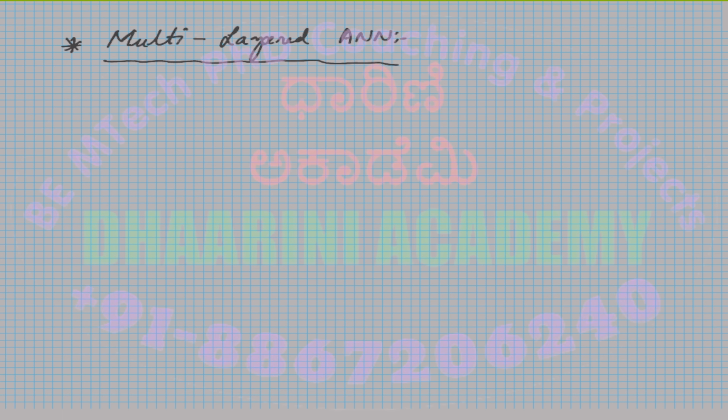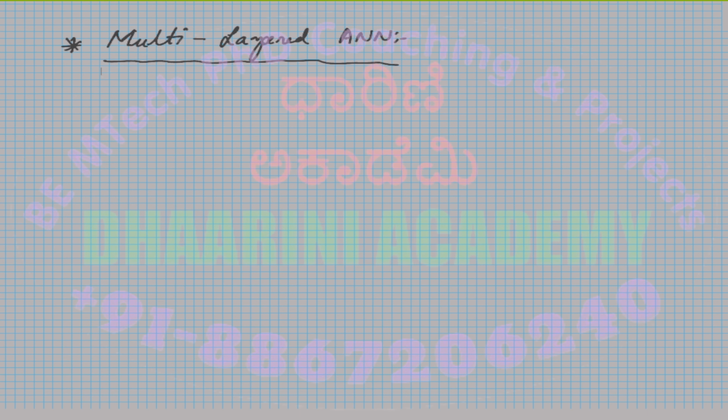When I say multi-layered neural network, it has an input layer, several hidden layers and an output layer. So the error that we calculate is applicable to which layer? It is applicable only to the output layer, the final layer.